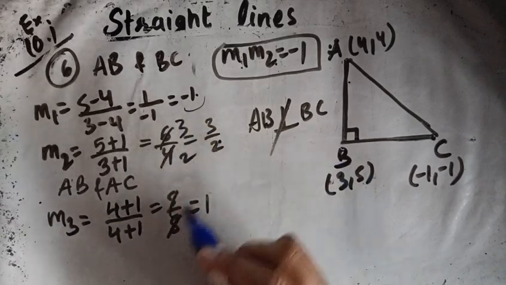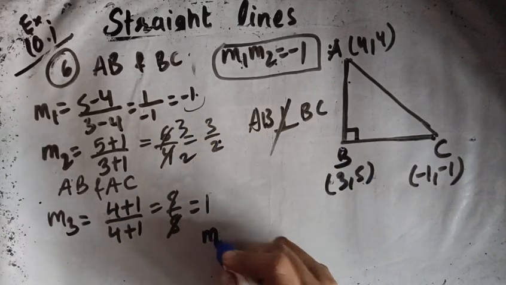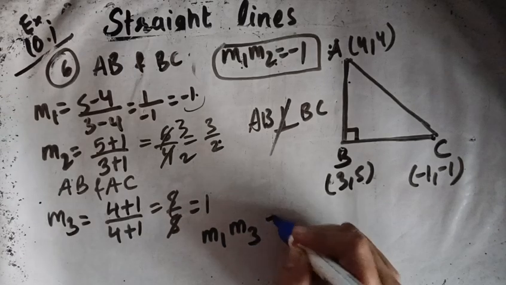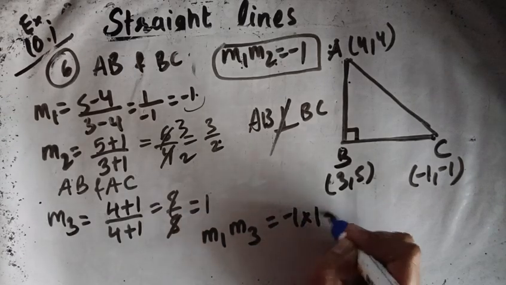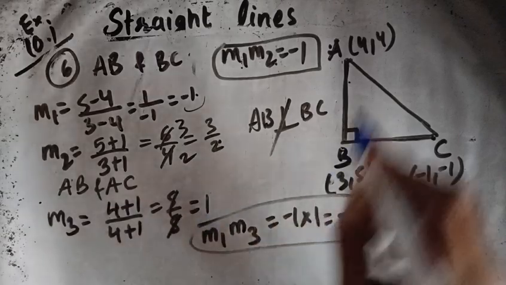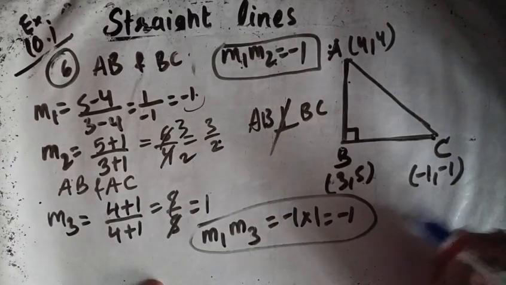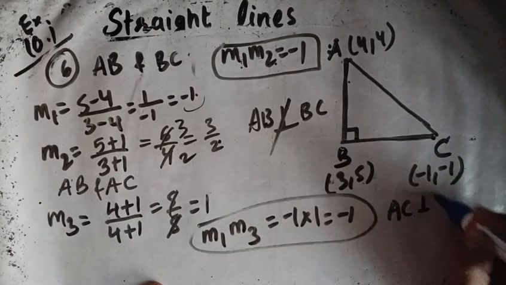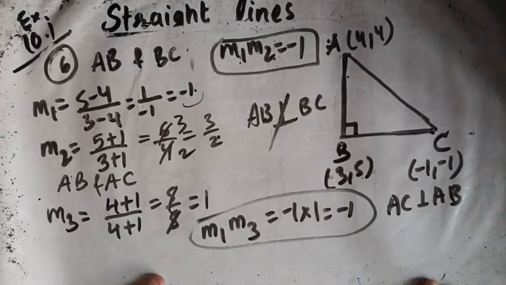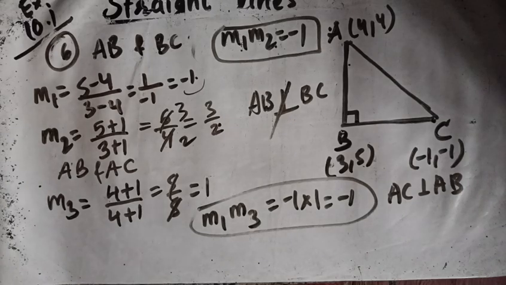Okay, this is minus 1. That is, if you take m1 into m3, minus 1 into 1, minus 1. So AC and AB are perpendicular. AC is perpendicular to AB. So we can say that it is a right angle triangle.